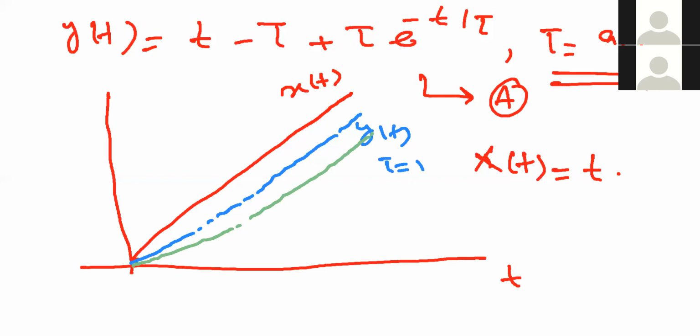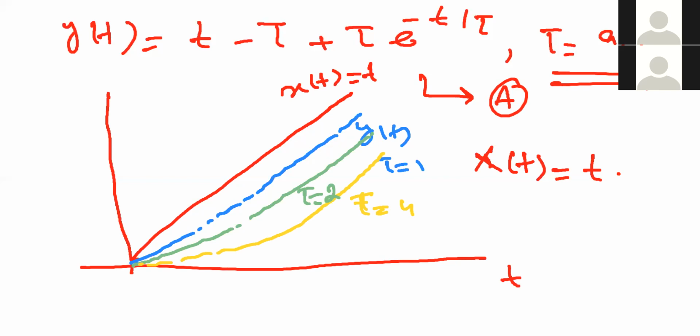Similarly, for tau is equal to 4, you are getting this expression. The green one is for tau is equal to 2, and the blue one is for tau is equal to 1, and x of t is equal to t, the input function.